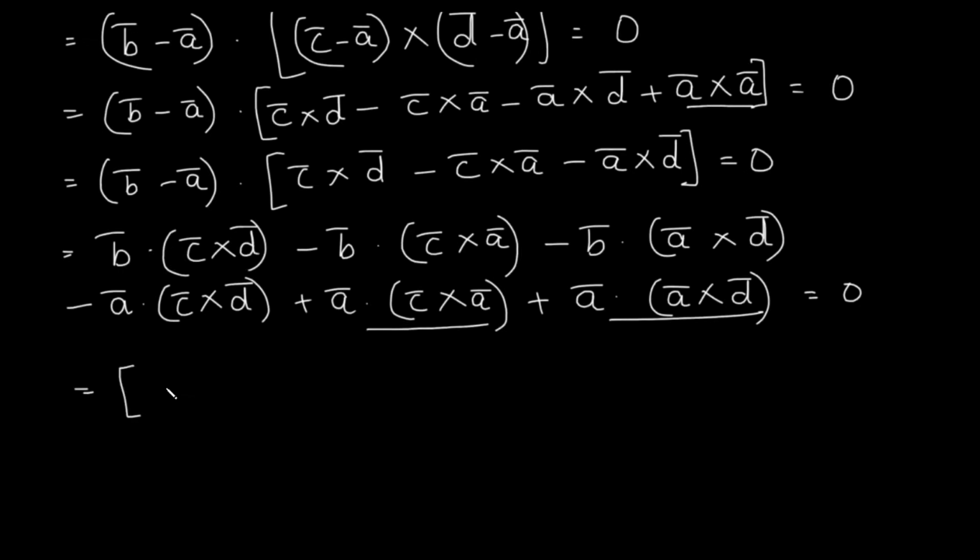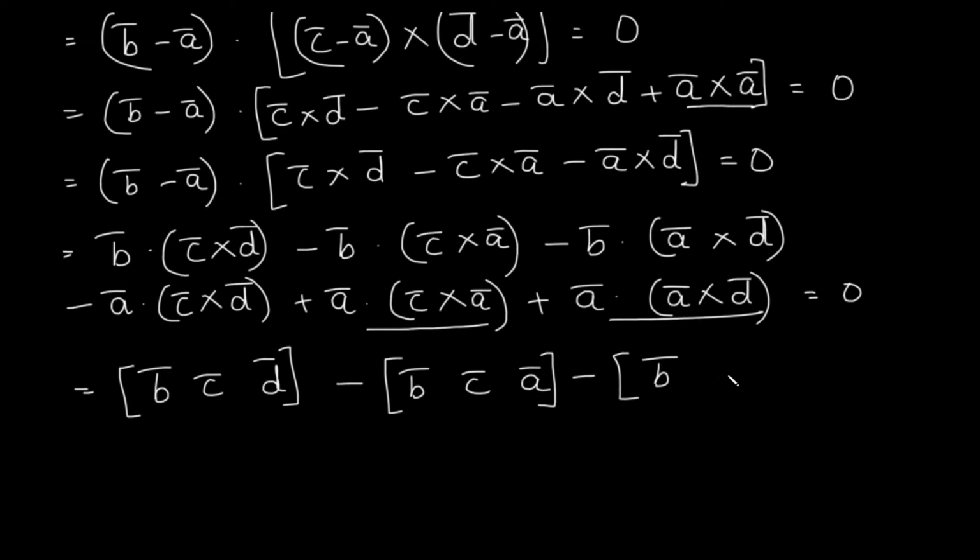We can write B dot C cross D as B C D minus, in this case, B C A. These three can be written as minus B, A, D, and the next term can be written as minus A, C, D is equal to 0.